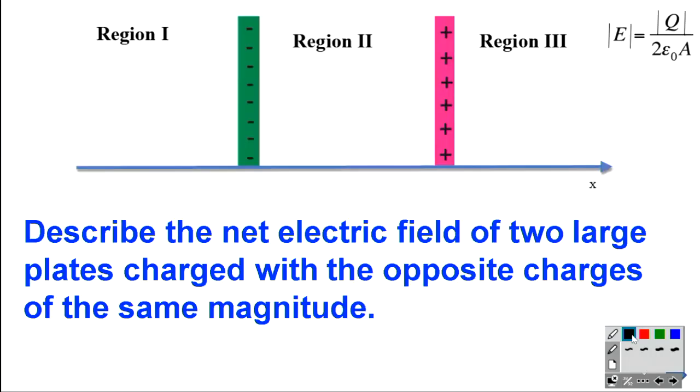Well, so an exercise for us. How would the electric field between two charged plates look? It's not a dipole. Both plates have the charge with exactly the same magnitude and opposite polarity.